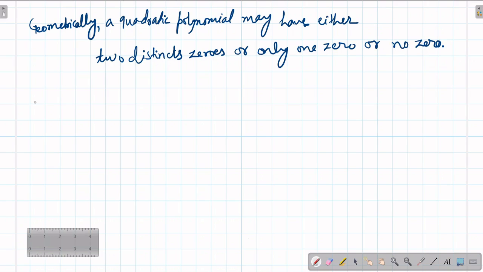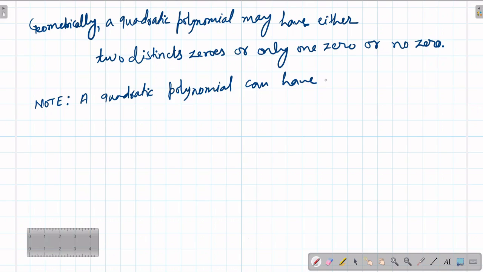You can also take a note that you know that a quadratic polynomial is of degree 2, so a quadratic polynomial can have two zeros at most.